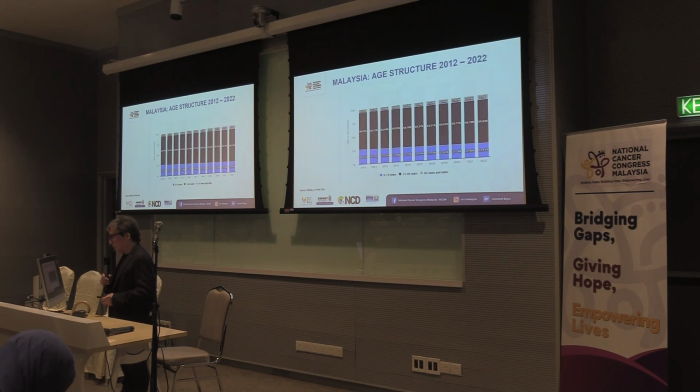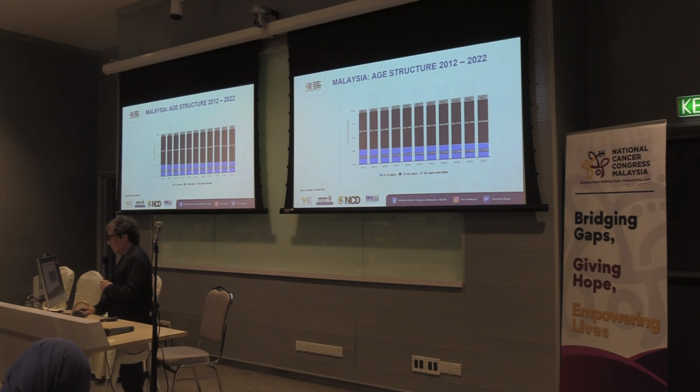This is what I meant by worrying. This is the age structure of Malaysia, very recent, 2012 to 2022.